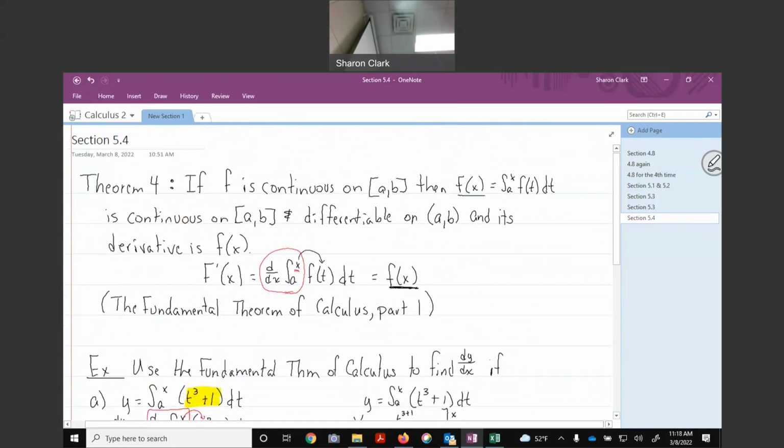Because we said that f is continuous on AB, then capital F of x equals the integral, which means capital F of x is the antiderivative of f of t. F of x is the original, so it has to be the same units. X and t, we've got to convert to x's. And it says, and its derivative f of x.